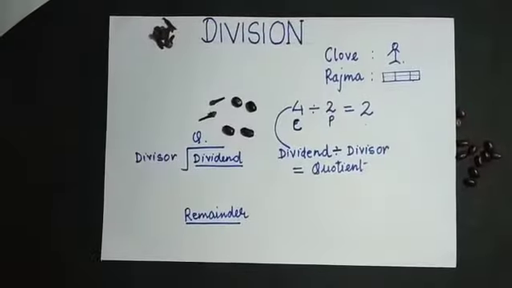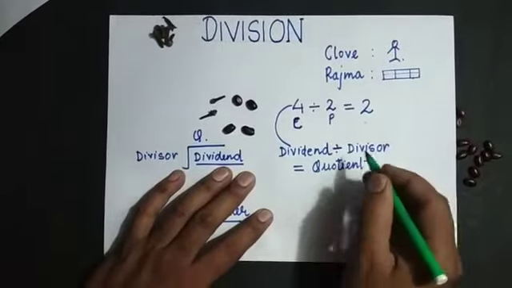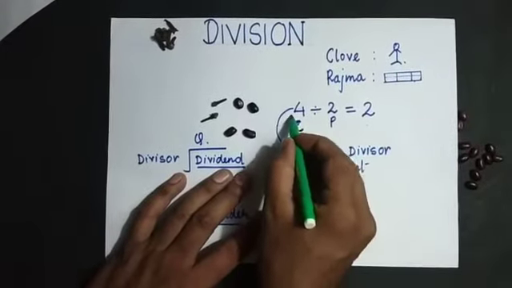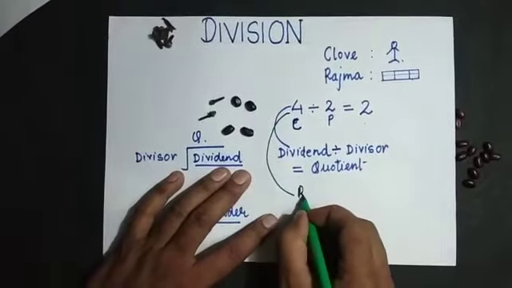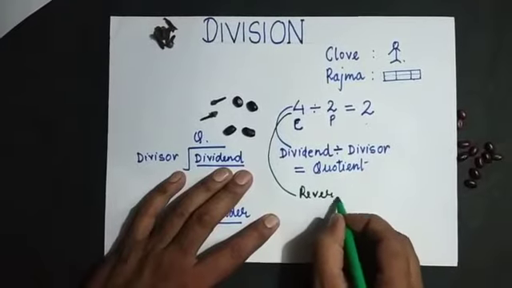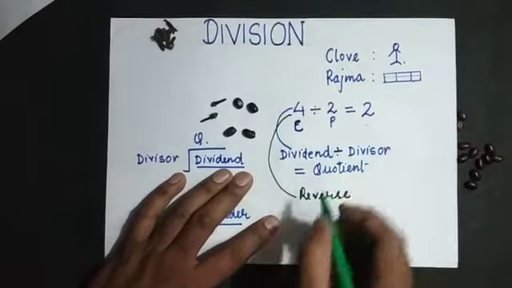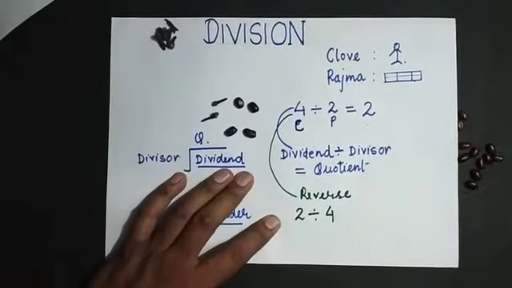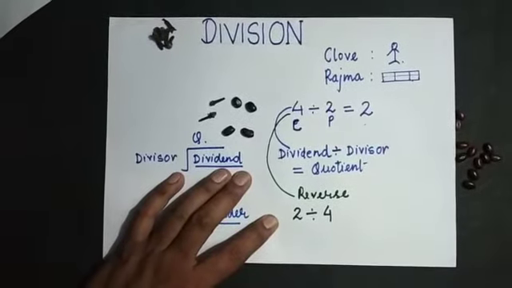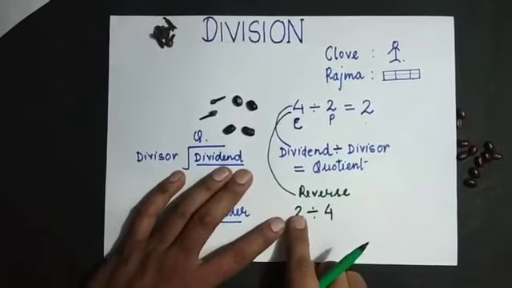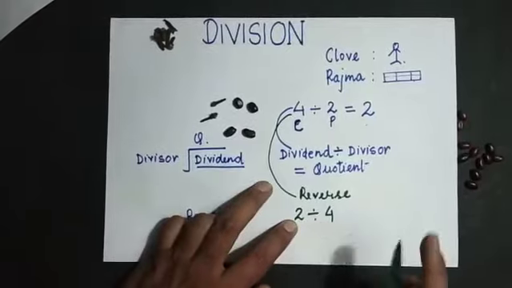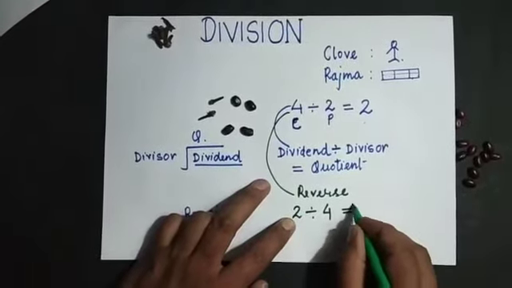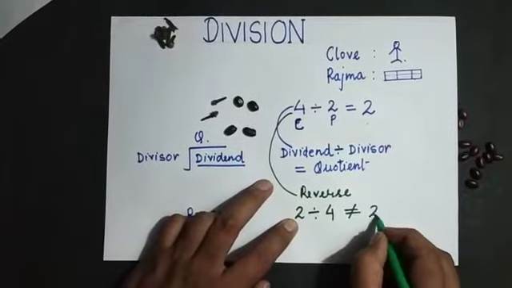Here is a very common mistake most children make. Suppose 4 divided by 2 is equal to 2. Now if we reverse this order, 2 divided by 4, it is not equal to 2.